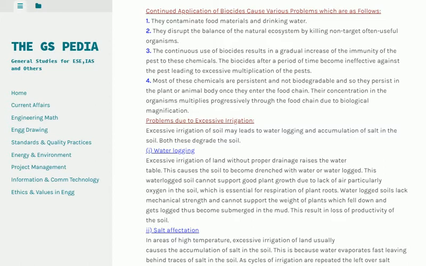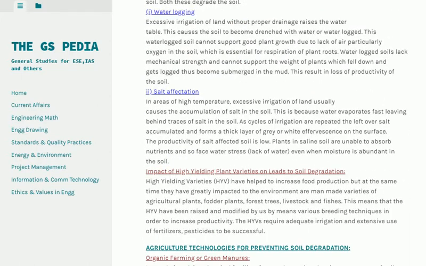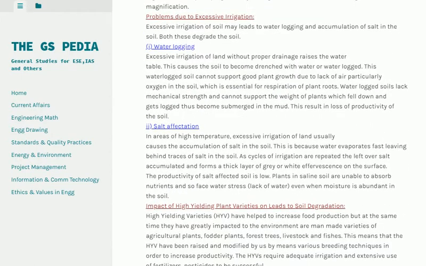2. Salt affectation. In areas of high temperature, excessive irrigation of land usually causes the accumulation of salt in the soil. This is because water evaporates fast, leaving behind traces of salt in the soil.